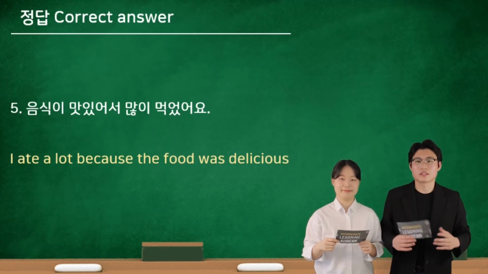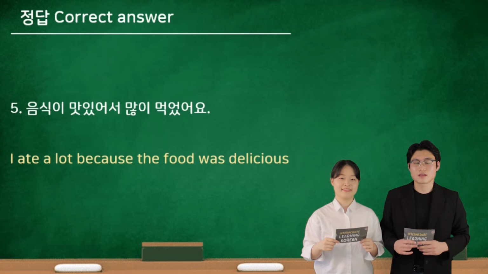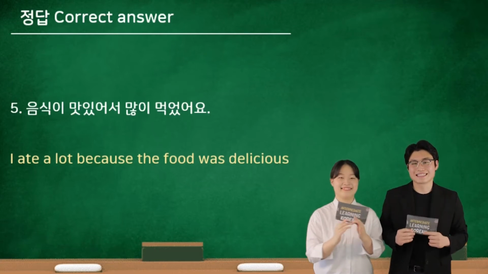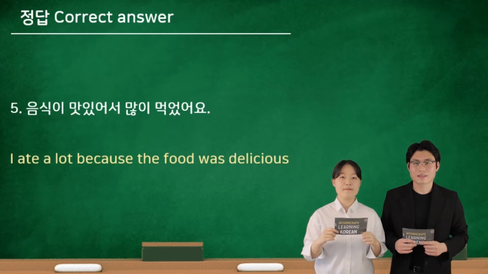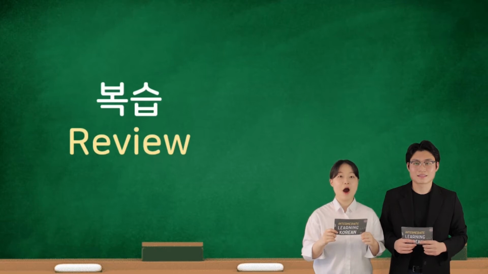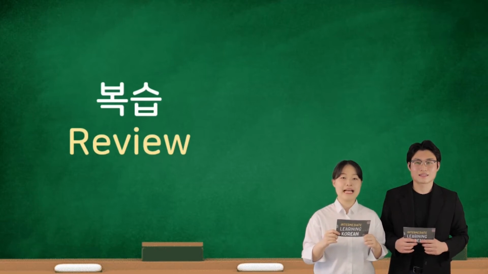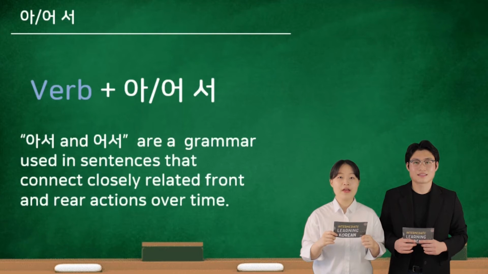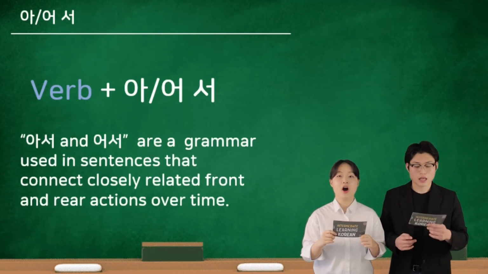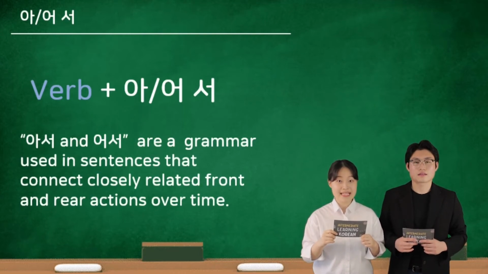The second sentence is 롤러코스터를 탔어요. In those two sentences, the second sentence is possible only when the first sentence is present. That's why it can be a sentence like 놀이공원에 가서 롤러코스터를 탔어요.